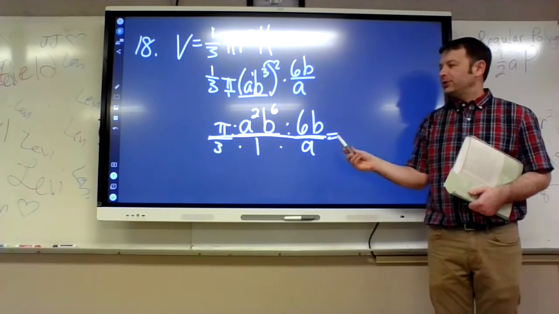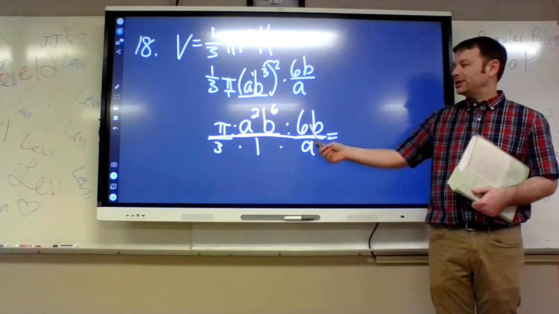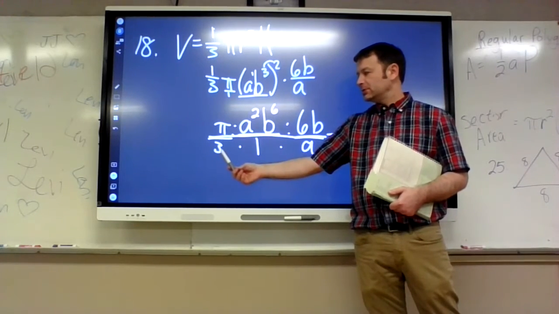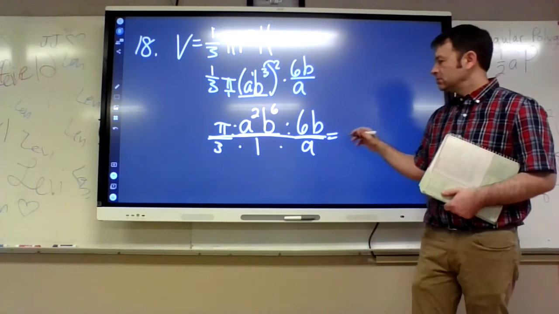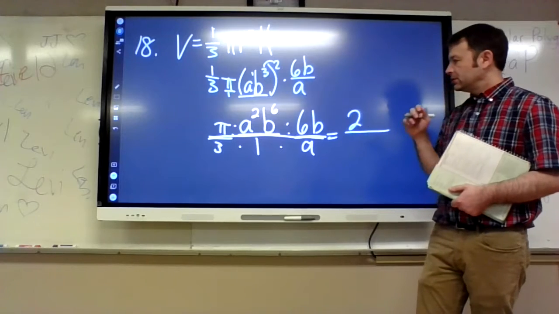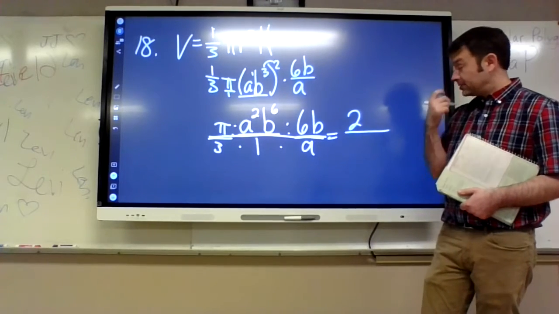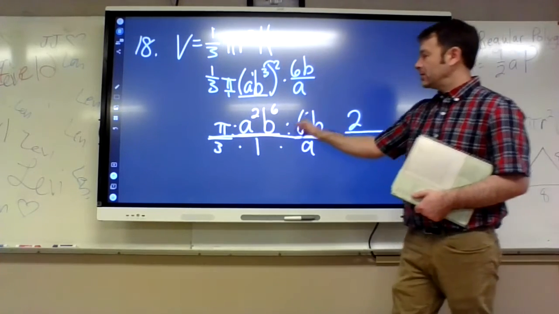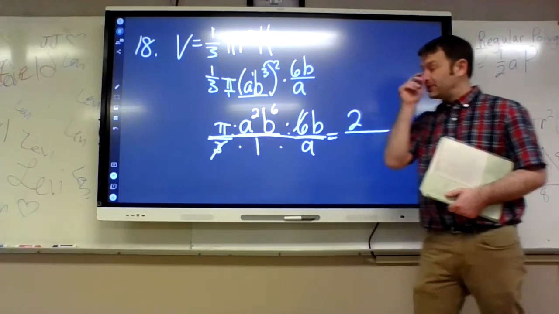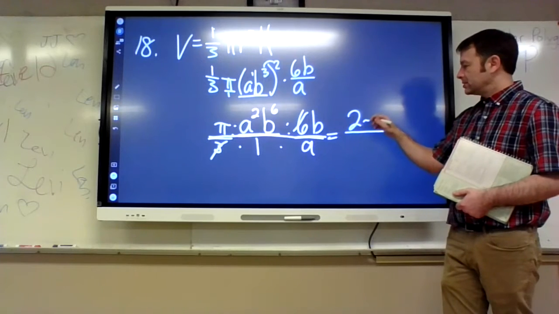I'm going to start with the normal numbers. I see a 6 over a 3. What's that going to become? 2, and that's just going to be on top. 6 divided by 3 is 2. Okay, we got rid of that. I see a pi by himself, so it's going to stay pi.